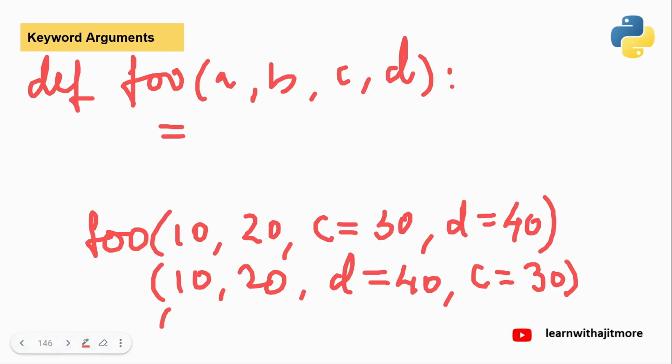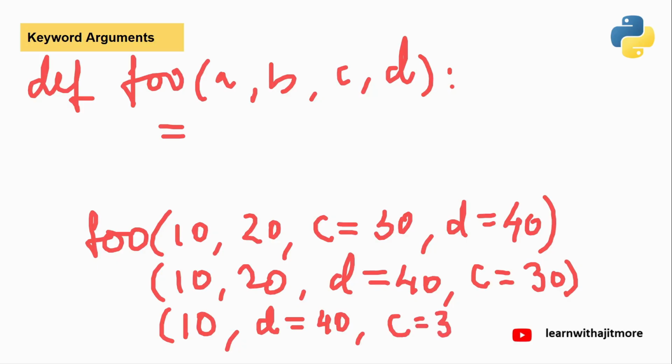The same if I write 10 and then D equal to 40, C equal to 30, B equal to 20. Doesn't matter. Why? Because once you start giving keywords, all are keyword. That is the rule: once you start giving keyword arguments, all the remaining should be keyword only.